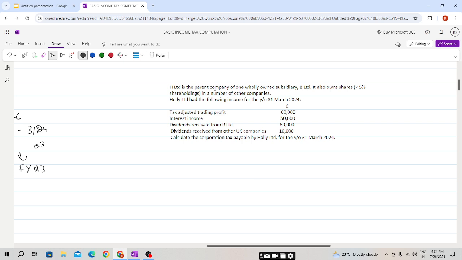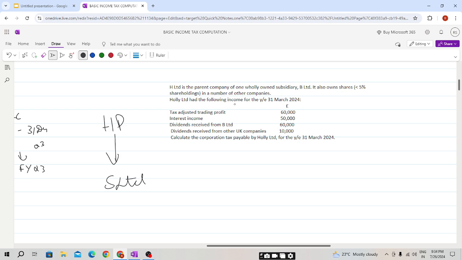H Limited is the parent company of one wholly owned subsidiary. So H is the parent, students, and one wholly owned subsidiary, that is B Limited. Subsidiary means more than 50% control. It also owns shares with more than 5% shareholding in a number of other companies.